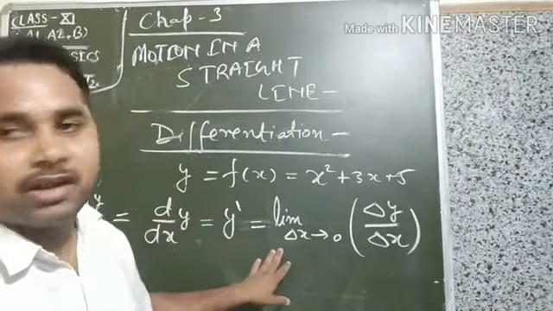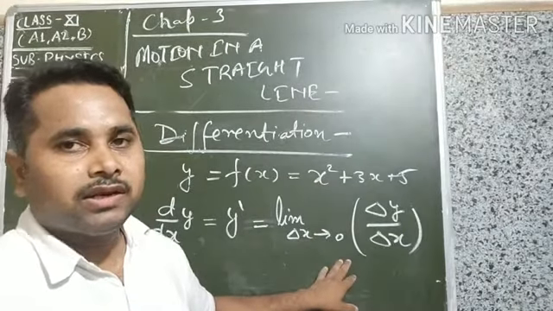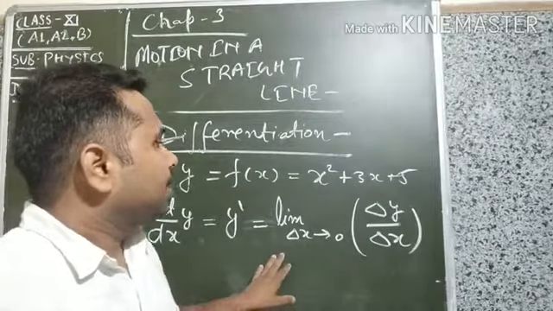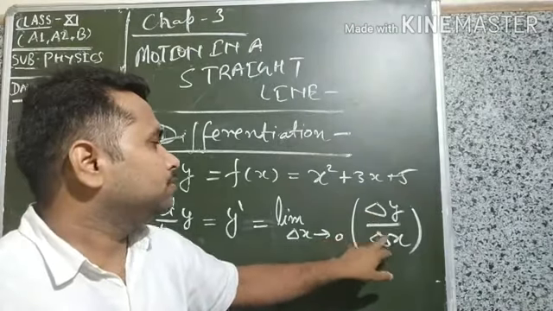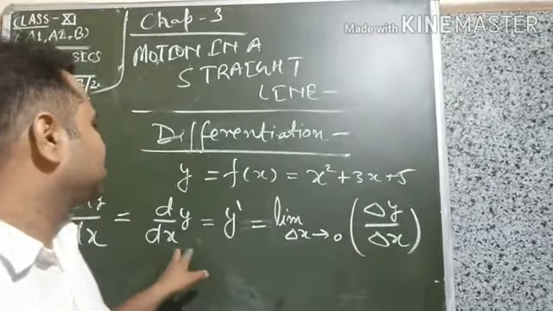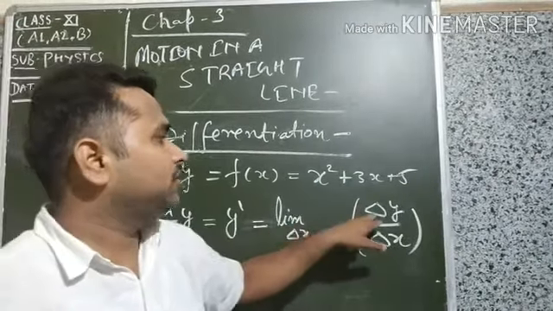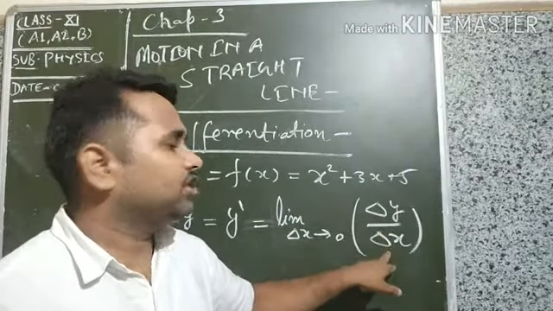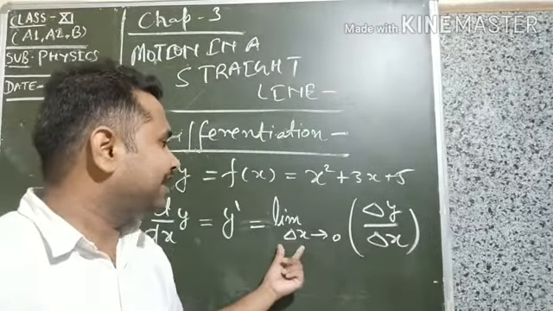So in the differentiation of y with respect to x we measure the small change in y with respect to small change in x. I am repeating, differentiation of y with respect to x is the measure of small change in y with respect to small change in x, where this small change in x tends to 0.